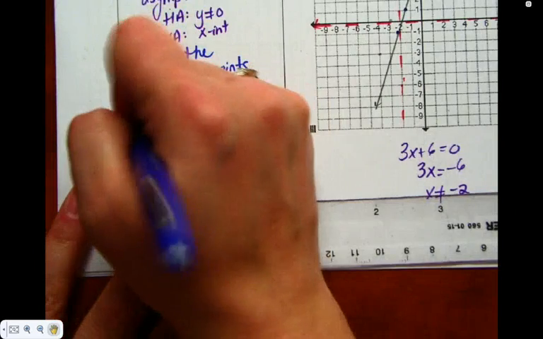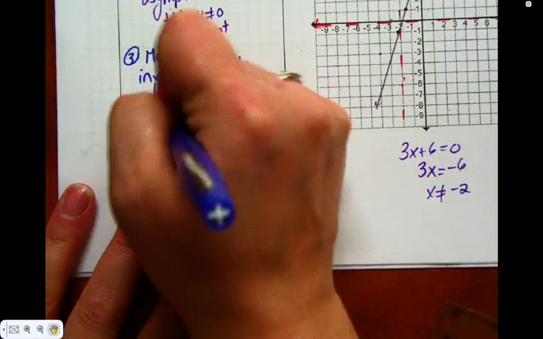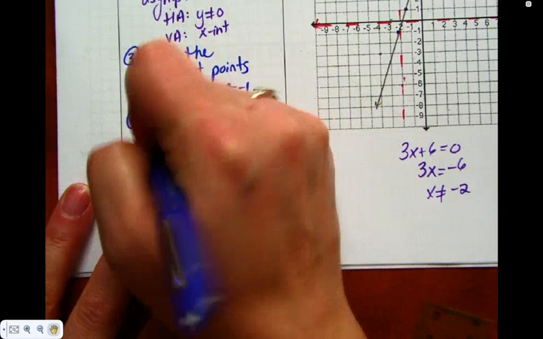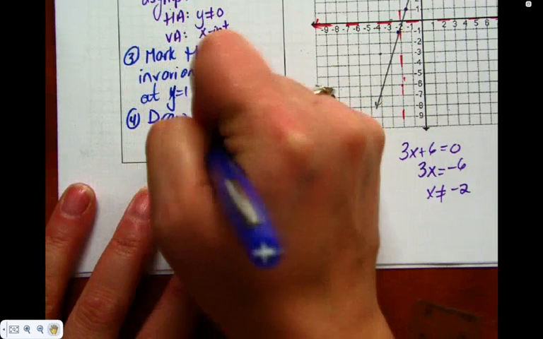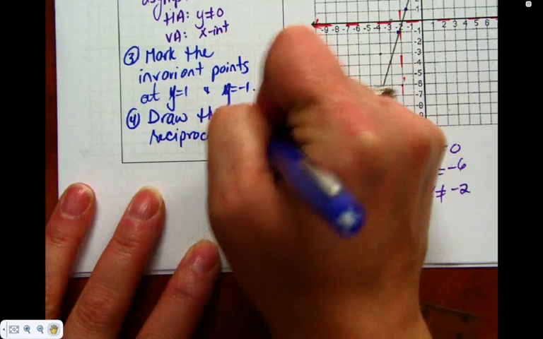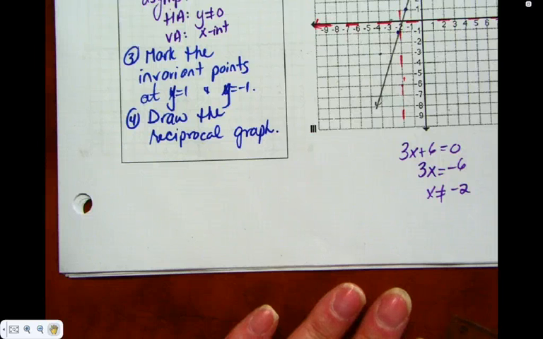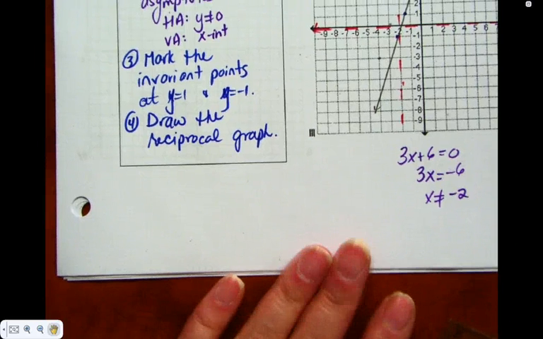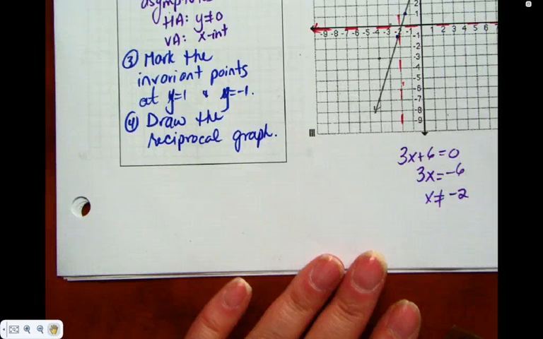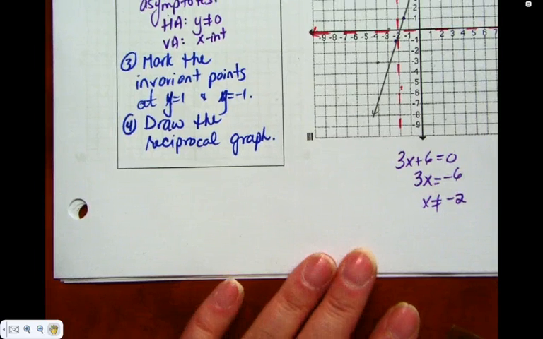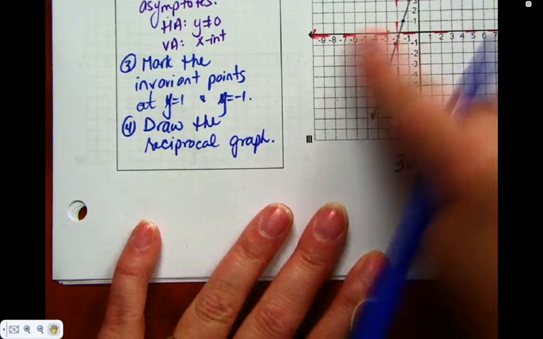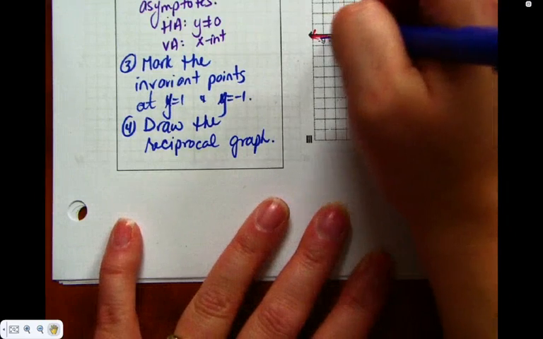Step number 4, draw the reciprocal graph. I'm going to start on the left-hand side here. I know it's going to approach the x-axis.